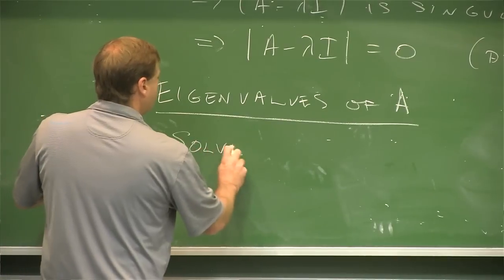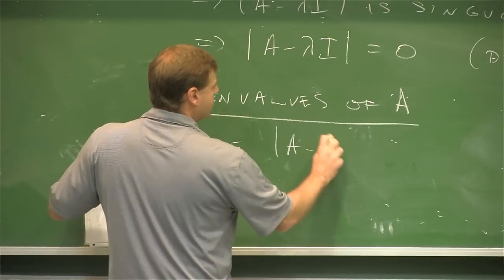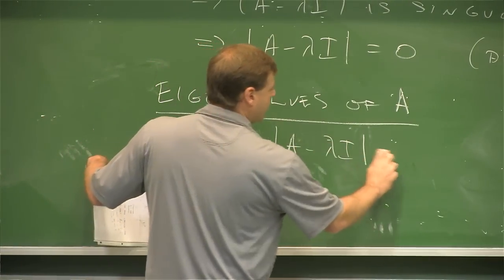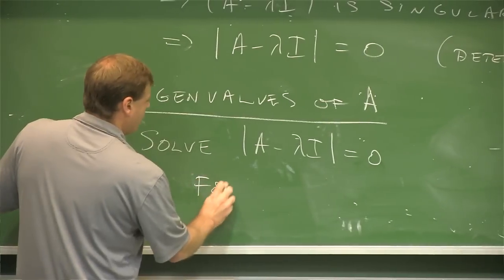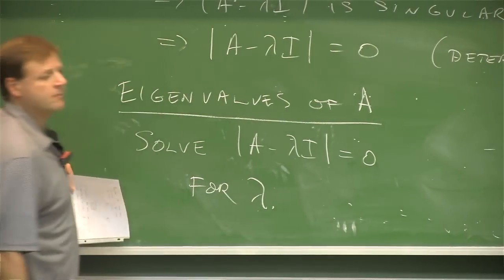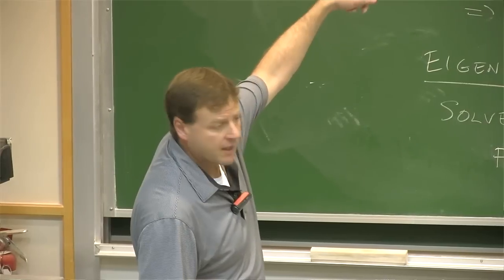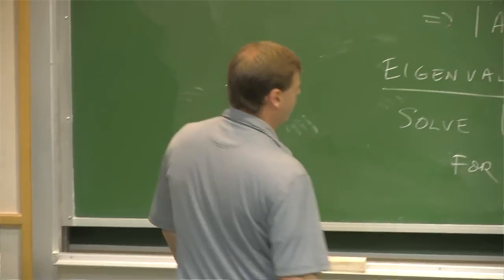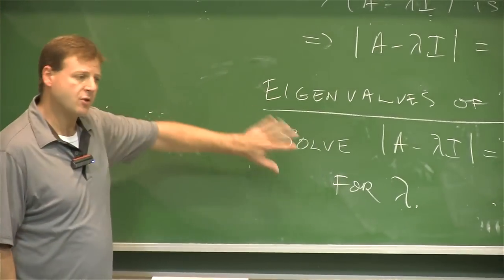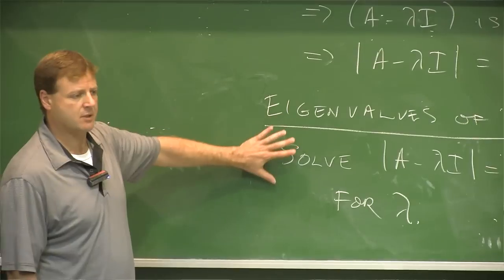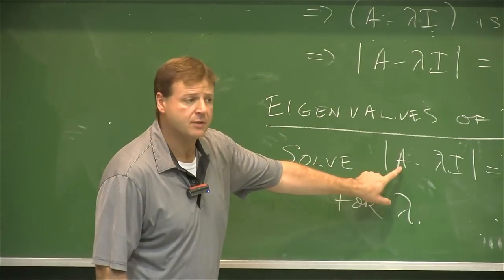We're going to solve the determinant of A minus lambda I equals 0 for lambda. That's my first goal. Eventually, I'm going to go back and find out what this v is, but we'll talk about that in a second. So this is enough right here. Let's just go get the eigenvalues of a matrix by solving this equation.